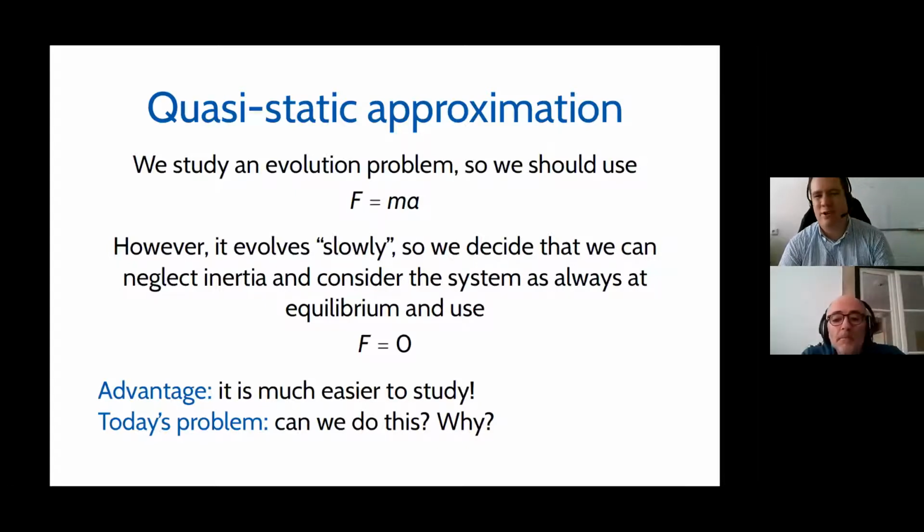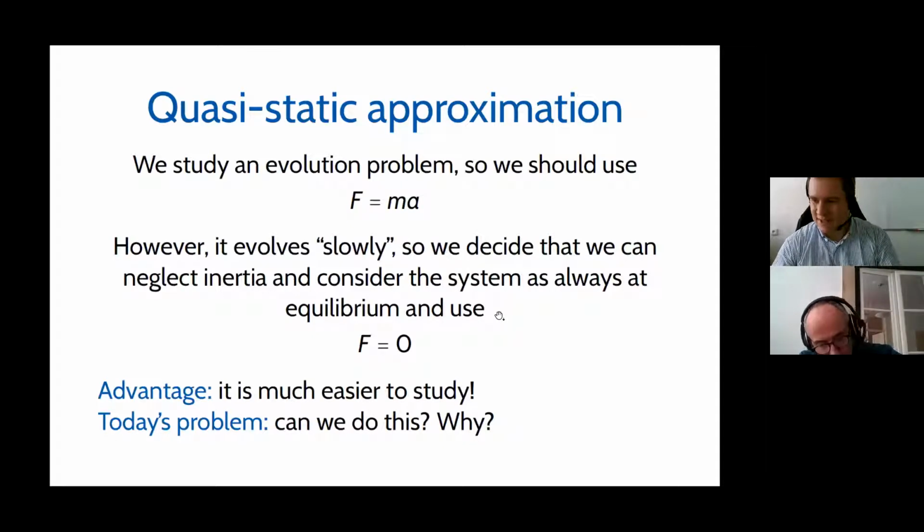However, it evolves slowly, so we can decide to neglect inertia and just use F equal to 0. And this is nice because F equal to 0 is clearly much easier to study. Today's problem is, can we do this, and why can we properly do this from a mathematical point of view? We are erasing a term, saying the system is slow so inertia is negligible, which is something delicate in a way.